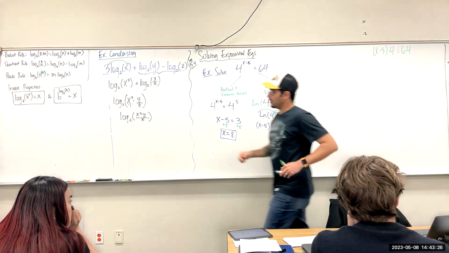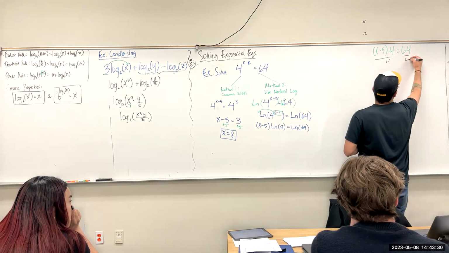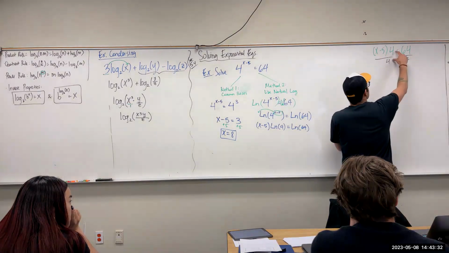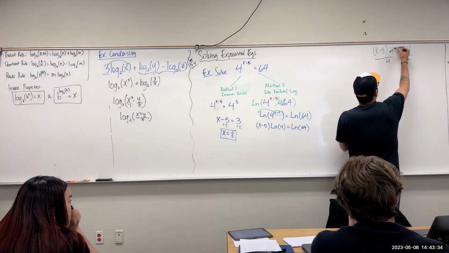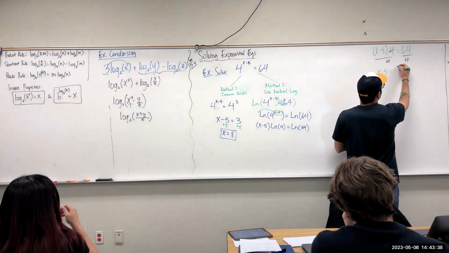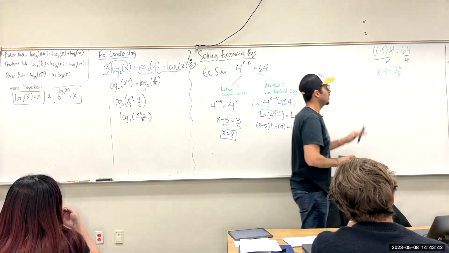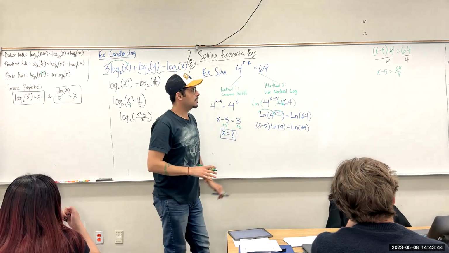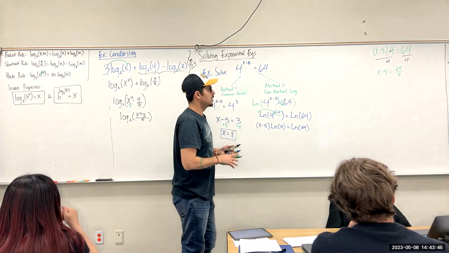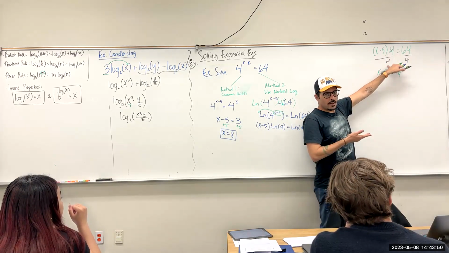So if I divided the 4 off here, what happens with these two 4s? They cancel out, and I end up with x minus 5 equals 64 divided by 4, which is a number, right? I'm gonna leave it like that on purpose, okay? I could do that because this is just a number and I'm just dividing it off, right?